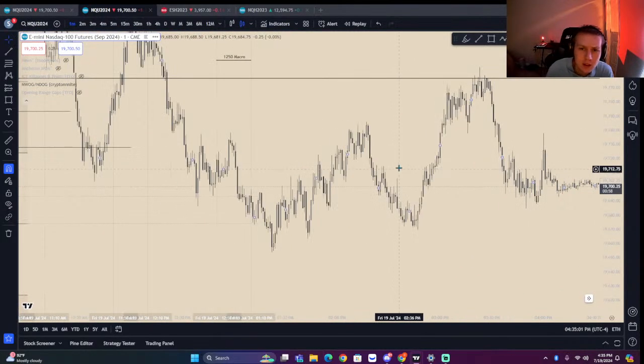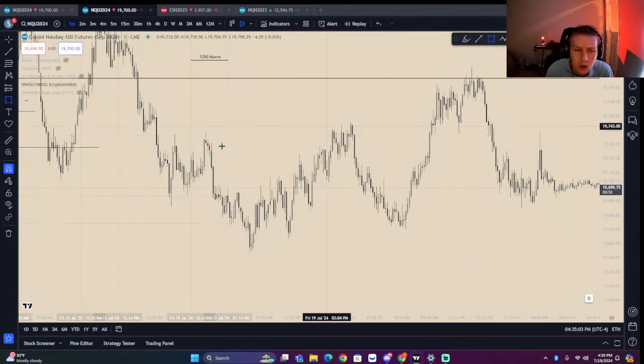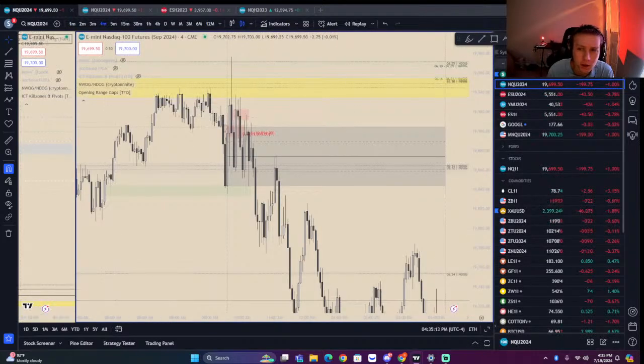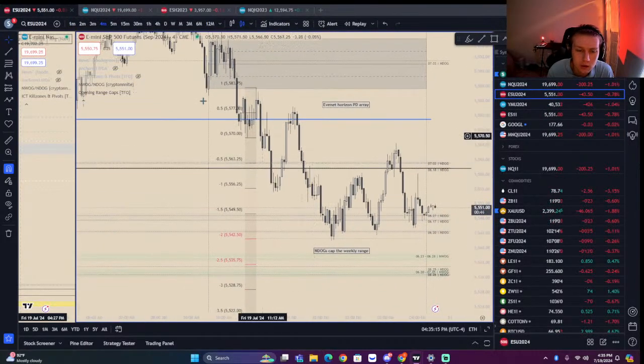And in this case, we end up drawing to this imbalance here. This breakaway gap becomes a strong draw on liquidity. I don't think we have divergence at all with YM.